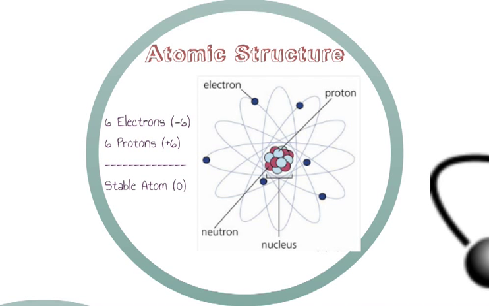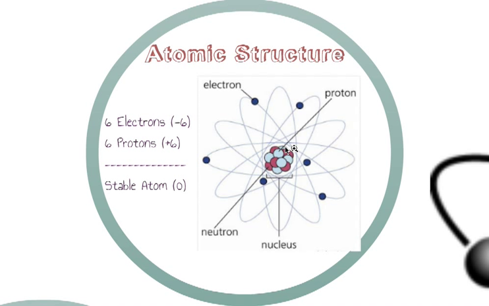Here's a really good example. In this atom, if we count up our electrons, and if you see they're located outside the nucleus, here's our nucleus here, we have 1, 2, 3, 4, 5, and 6 electrons, meaning we have 6 negative charges. Inside the nucleus are our protons and neutrons.